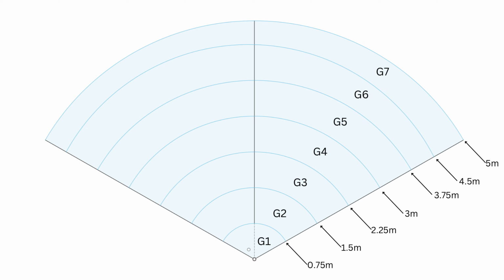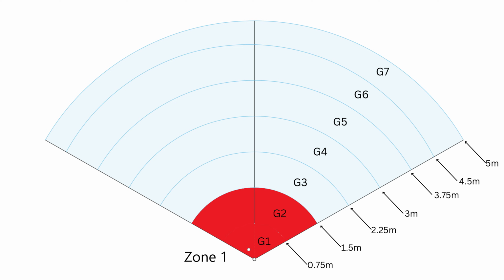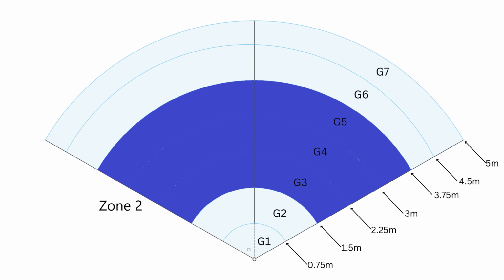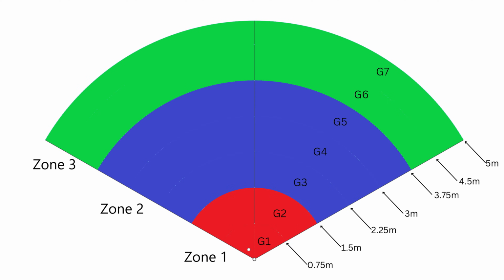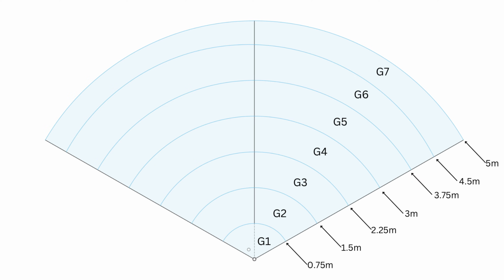And then the radar zones, there's 3 of them, and they are user definable. So you can set the first X amount of inches, I think is what it's set in, to be zone 1, and the next to be zone 2, and the next to be zone 3. So think of radar zones as user definable, and zone 1, depending on what you make it to be, could include gate 0 through 4, or just gate 0 and 1.